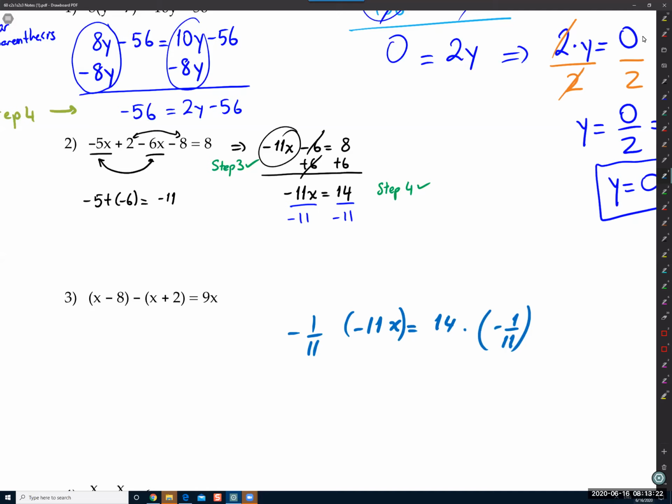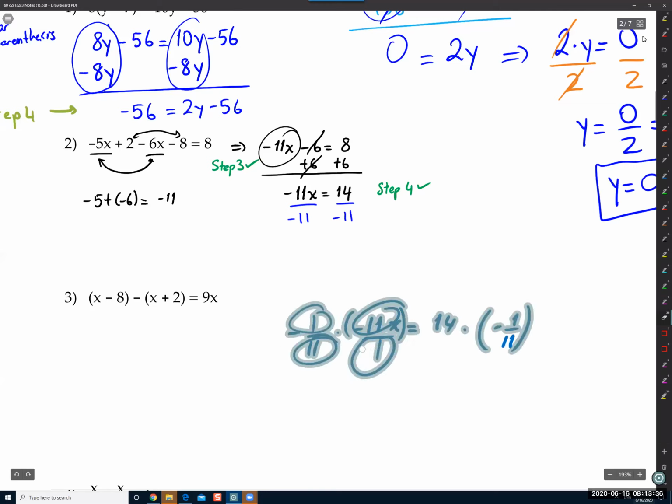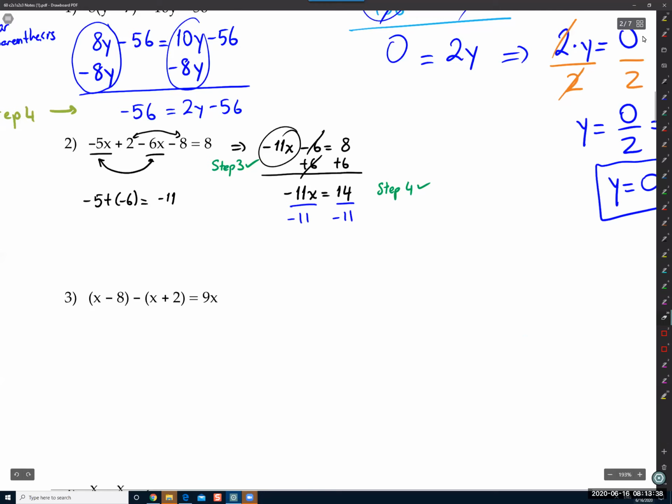That's same as I'm dividing both sides by -11. Because the way we multiply the fractions, you're going to multiply the numerator to numerator, denominator to denominator, and there's an invisible denominator here, 1. So that's the story actually. And let's continue in here. That's going to be then x is equal to negative 14 over 11.